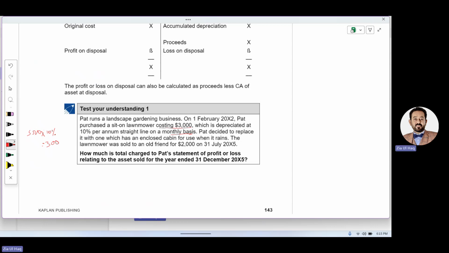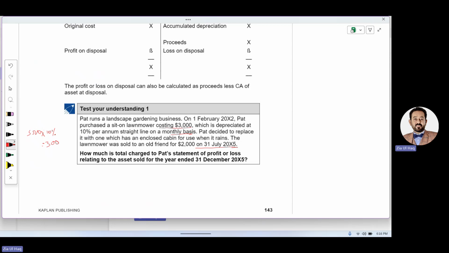Pat decided to replace it with one which has an enclosed cabin for use when it rains. The lawn mower was sold to an old friend for 2,000 on 31st July 20X5. How many years has he used it? He used it in 20X2, 20X3, 20X4, and even 7 months of 20X5.